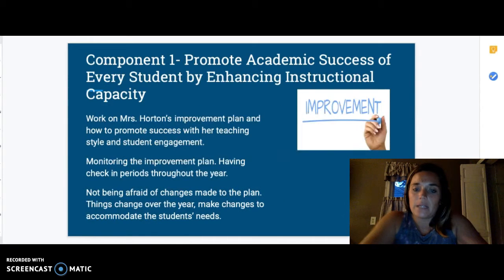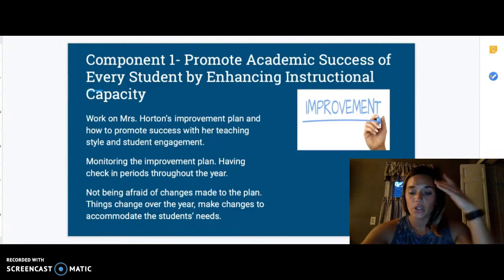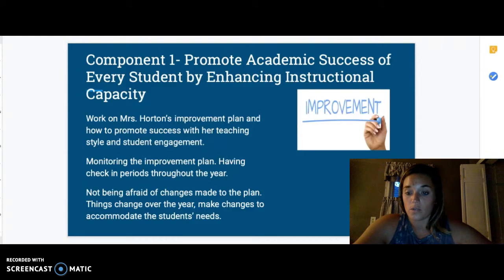This next component is about promoting the academic success and enhancing instructional capacity among all students. So once again, having an effective improvement plan for Mrs. Horton, where there's a whole new mindset with her class, her students are taking on a new task, and they're changing their attitudes. I think this will kind of help move students in the right direction.